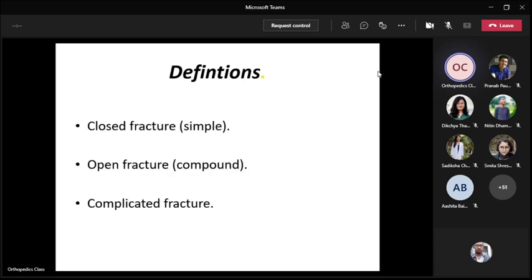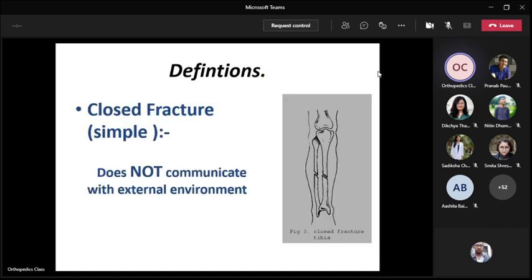By definition, a closed fracture may be simple or compound; that was the term used in old books. Nowadays, we use closed fracture, open fracture, and complicated fracture. What do you mean by closed fractures? Closed fractures are basically simple fractures. They don't communicate with the external environment.